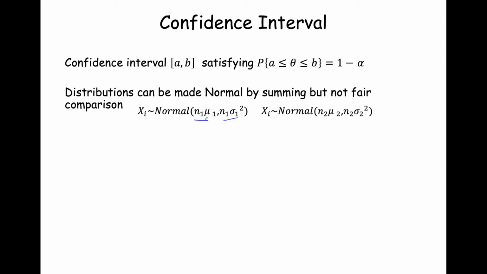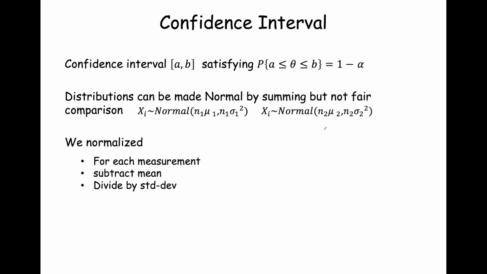Here we have n1 mu1 different from n2 mu2, and n1 sigma 1 squared different from n2 sigma 2 squared. So they can have different dispersions and different centers. Once we've made them normal by summing, we so-called normalize them. We cast them as a standard normal, and we do that by taking each measurement from the first distribution and second distribution.